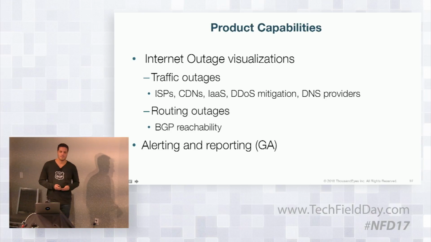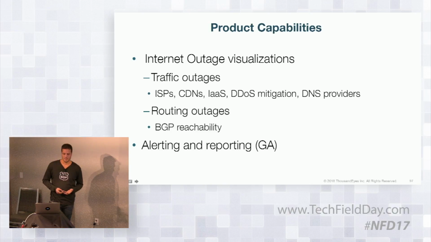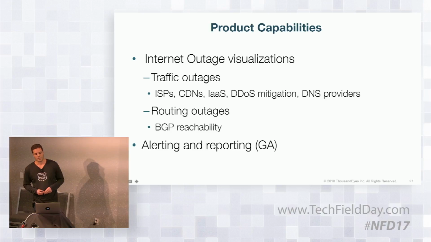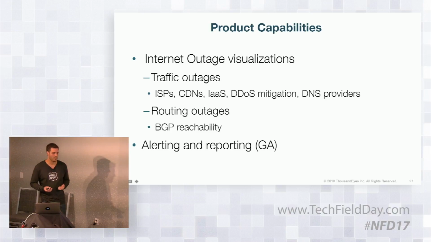All right, so what does all this mean in terms of product capabilities and how we're commercializing all this data? There's a beta program that's going to start soon. We're going to have a portal dedicated to visualizing internet outages. It's an event stream, and you'd be able to configure alerts on outages. What type of outages are we talking about?